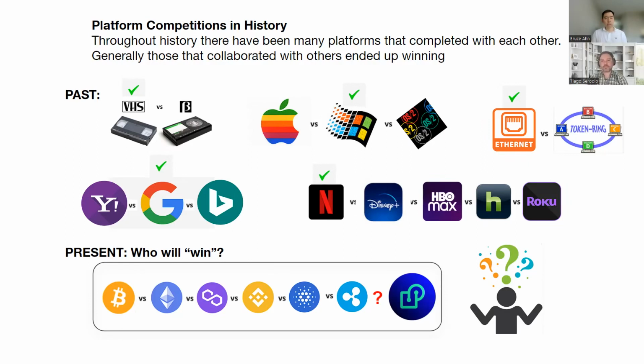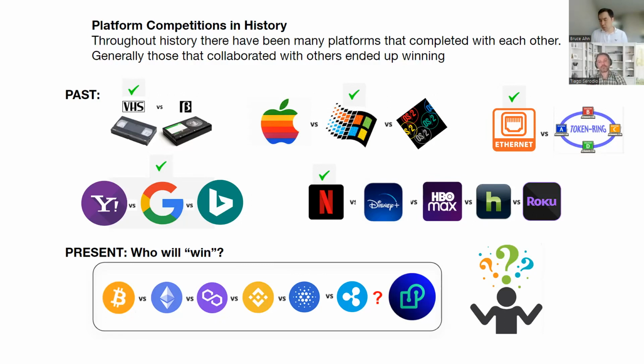You take a look at the other wars like Yahoo versus Google versus Bing. Well, Google became the winner mostly because they went into agreements with advertisers and allowed them to use the data that we're collecting, and they became a very big powerhouse because of this advertisement model. The same thing with Netflix. Netflix is in collaboration with multiple different production houses.